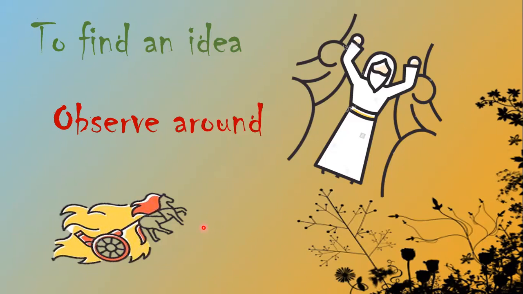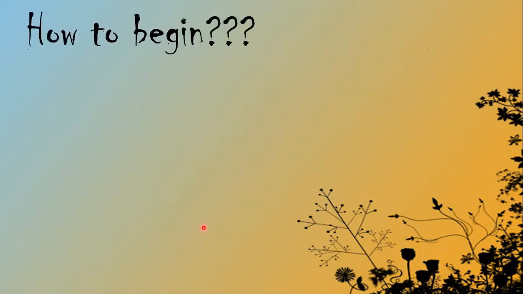So there are many things around you which can be taken as some event in your story, or some unusual experience that can be taken as your story. In this way, your story is going to be unique, and it is going to really appeal to the reader, and you can get good marks on this. After you have decided the idea of your story, then the question comes of how to begin the story.